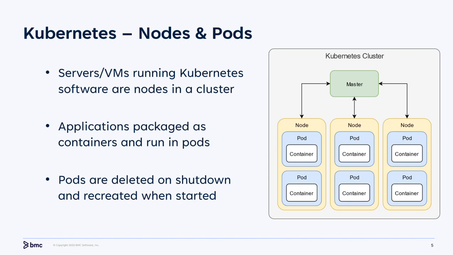The yellow boxes are worker nodes, and on those nodes you have a pod, and then within the pod you have one or more containers in which the applications are running. The master node or control plane node is used to help coordinate the software across the different worker nodes, to schedule the pods, to make sure that the application pods are configured and run on nodes that have the required resources.